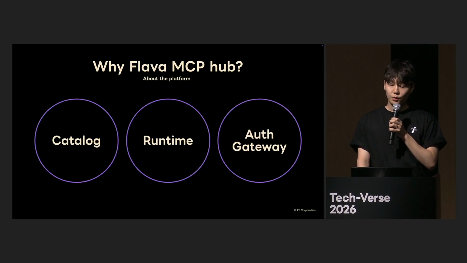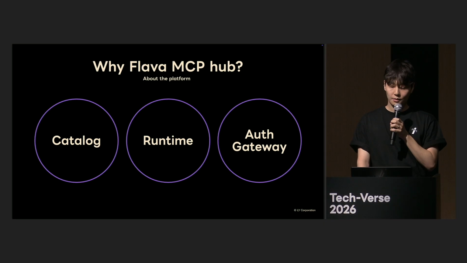The identity of the Flava MCP Hub can be expressed in 3 words: catalog, runtime, and Auth Gateway. First, the catalog serves to provide an at-a-glance view of what MCP servers are available internally. It eliminates the question of what MCP server can be used internally.